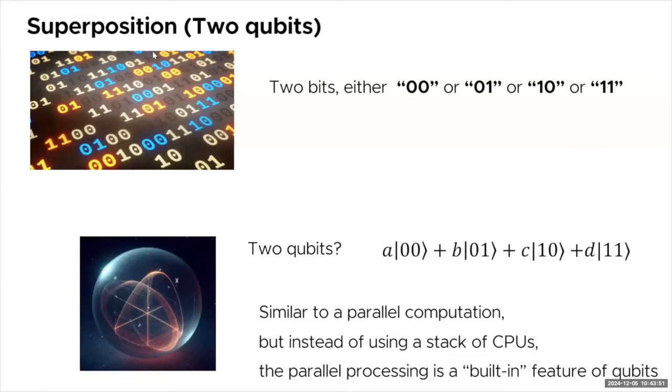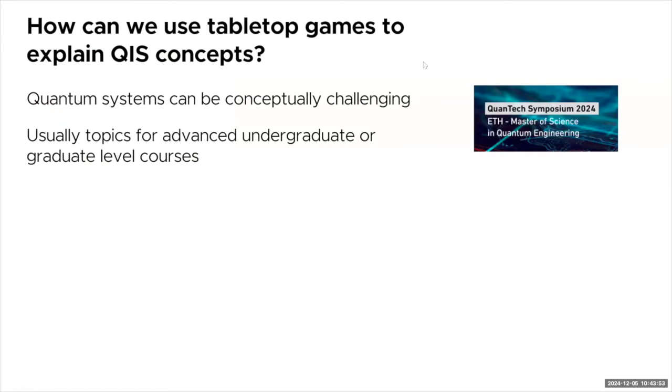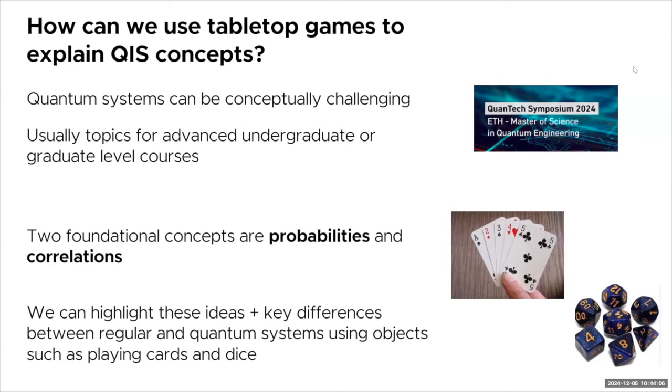So usually, students don't learn about quantum science until they are in an advanced undergraduate class, or maybe even until they get to graduate school. But I think that some of the foundational concepts like probabilities and correlations are things that students can familiarize themselves with even from high school, for example.